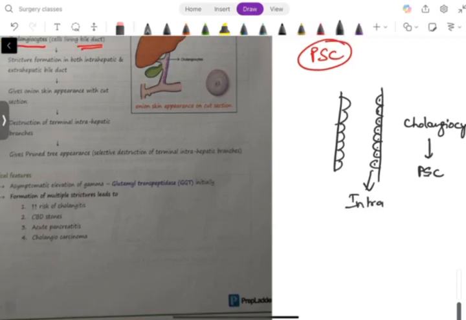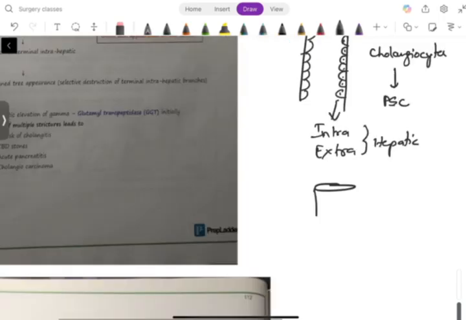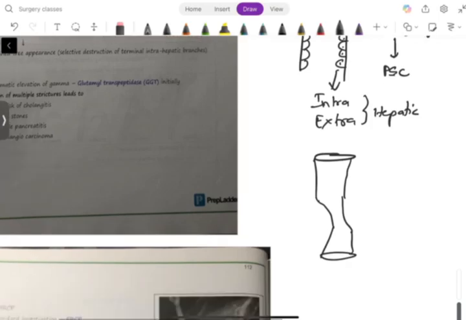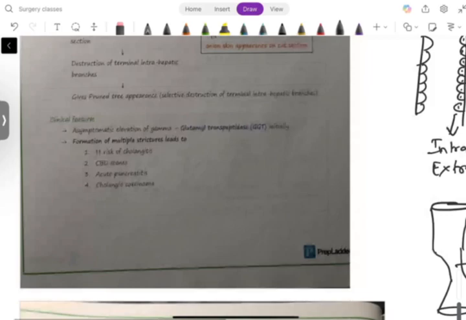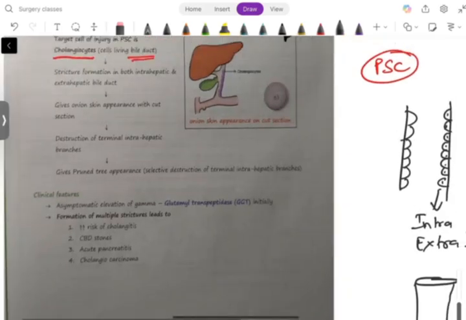Intrahepatic and extrahepatic. So because of this there will be narrowing of the bile duct. This is nothing but a stricture. This gives an onion skin appearance on cut section.